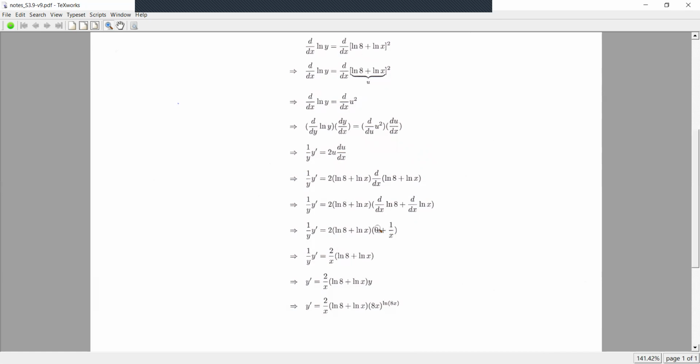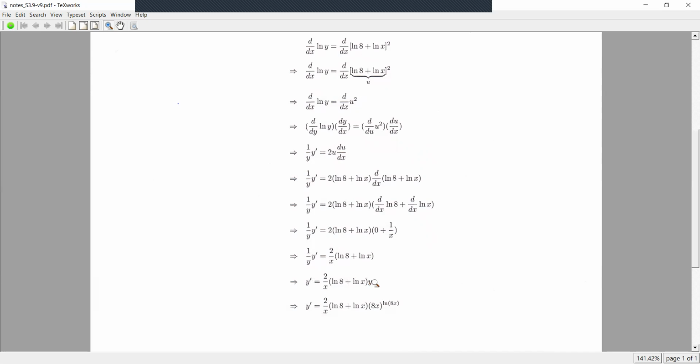Derivative is 0. Natural log of x with respect to x is 1 over x. So I have this equation. Simplify the right side a little bit, then I have this equation. Move y to the right hand side, I have this equation.